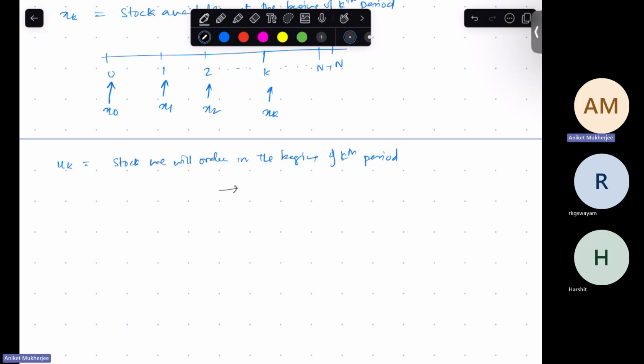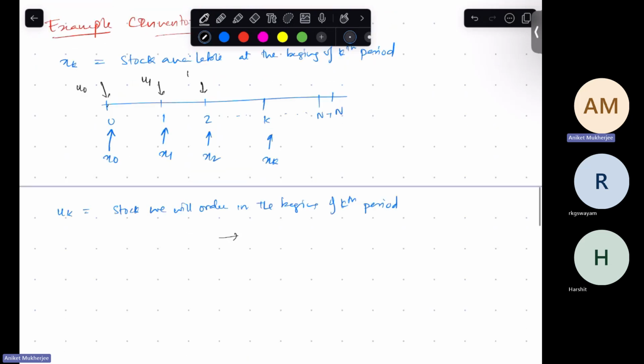It's a very bad analogy from the modern world, but delivery is instantaneous. So you order at the same time instant and you get that stuff. You know x0 here, you order u0 here and get the delivery immediately. And here you have u1, and here you have u2. One way of thinking of this is that delivery time is negligible relative to the decision epoch.